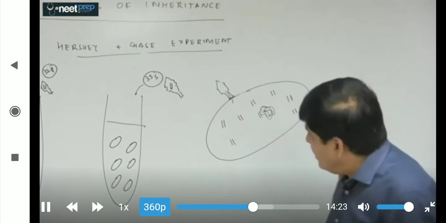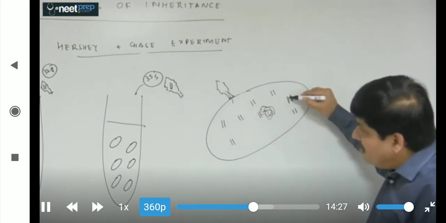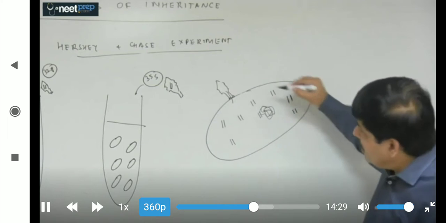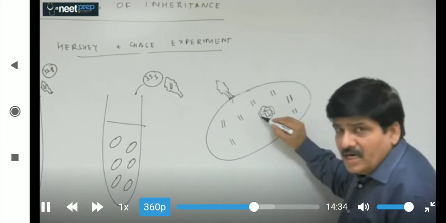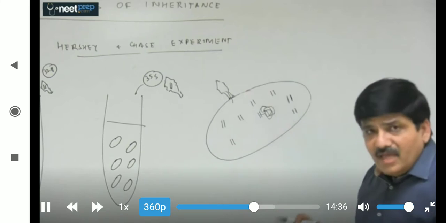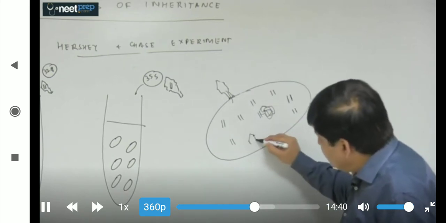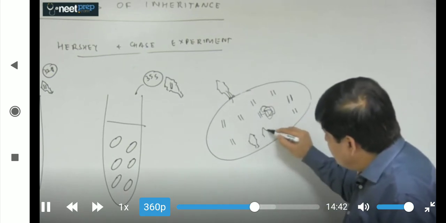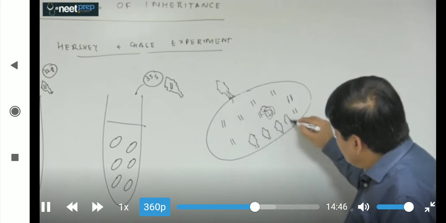So please understand, that means on this DNA we expect to find some genes that will make up the proteins that make up the capsid. So the genes are transcribed and then translated, and then with the help of these proteins there is formation of capsids inside the bacterial cells. So there are new capsids being formed.